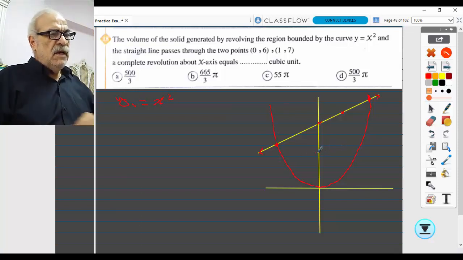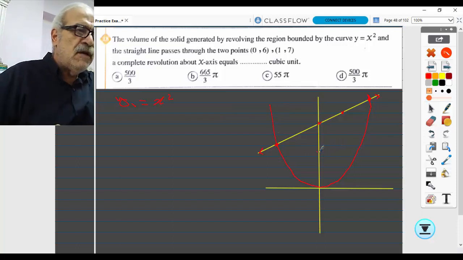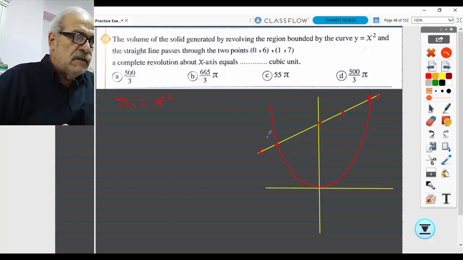Now we wanted to find the equation of the straight line, which passes through the 2 points A, (0, 6), and the other point B is (1, 7).